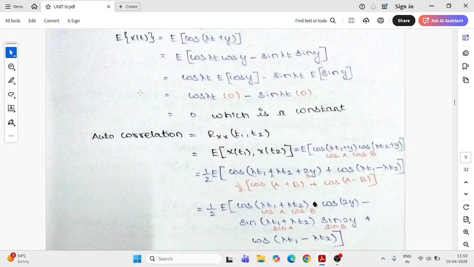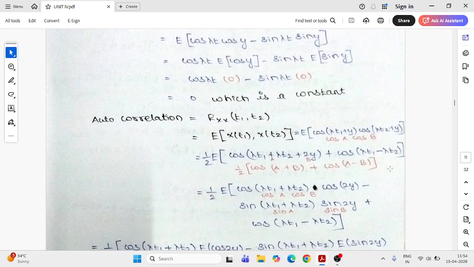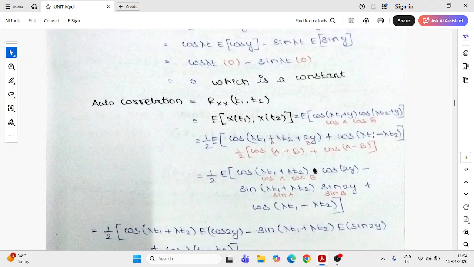Next we check the autocorrelation function. So the autocorrelation function R_X(t1, t2) is the expectation of X(t1) X(t2), which is equal to the expectation of cos(λt1 + Y) cos(λt2 + Y). It is again in the form cos a cos b. So 1/2 into [cos(a + b) plus cos(a − b)], which is clearly mentioned here.